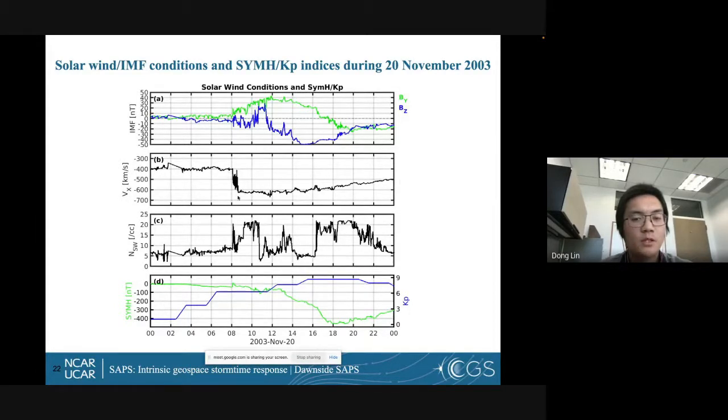The solar wind speed reached like 600 kilometers per second. And probably the most striking feature is this IMF Bz of -50. I think this should be among the top ranked strong storm events in recent history.